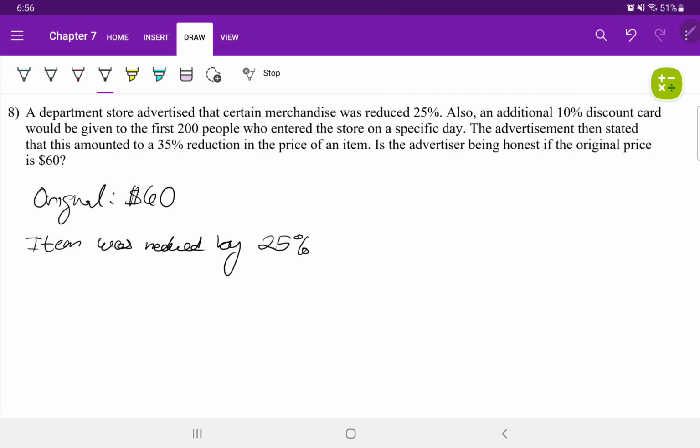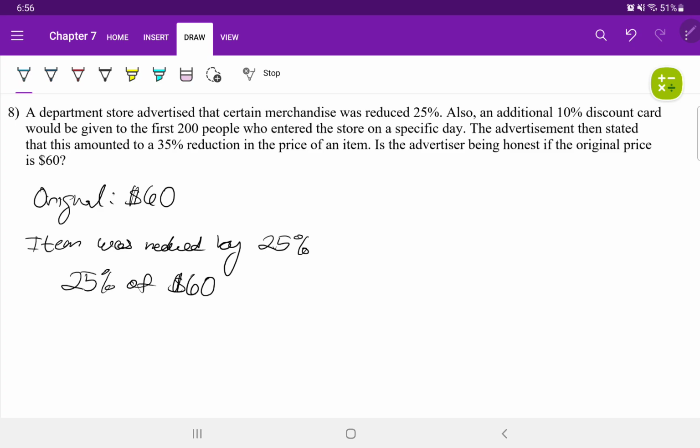For me to find how much the item was reduced by, I must find 25% of the original price. And then when I find my 25% of the original price, I can then subtract that from the original to find the new cost. So let's first find 25% of $60.